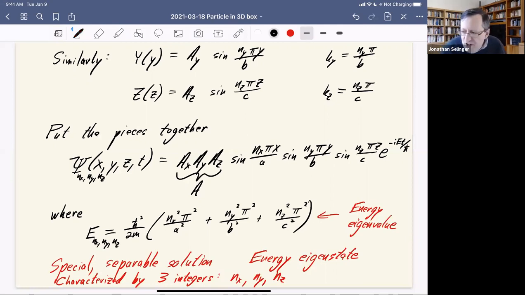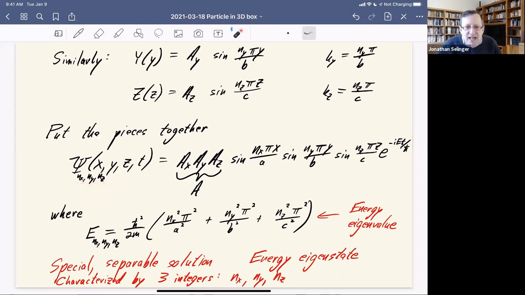So the same way that in one dimension, we had a whole set of solutions, a psi 1, psi 2, psi 3, psi 4, etc., here there's a psi sub 1, 1, 1, or a psi sub 1, 2, 3, or a psi 17, 11, 36.